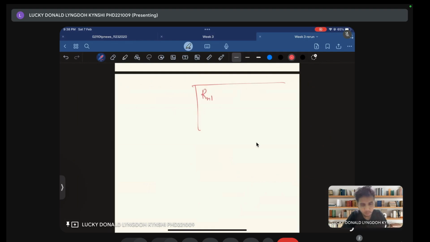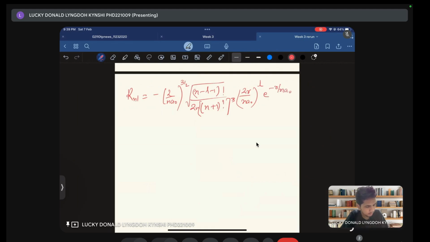R of nl for hydrogen is equal to minus the square root of (2 by n a naught) to the power 3 by 2, times (n minus l minus 1) factorial divided by 2n ((n plus l) factorial) whole cubed, times (2r by n a naught) to the power of l, e to the power minus r divided by n a naught, and then the Laguerre polynomial L with n plus l, 2l plus 1, of 2r divided by n a naught.